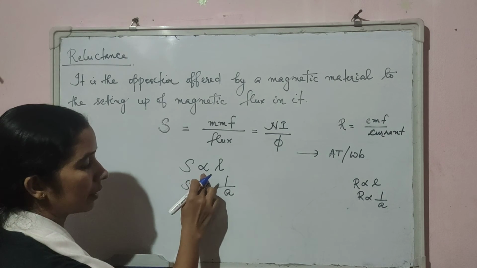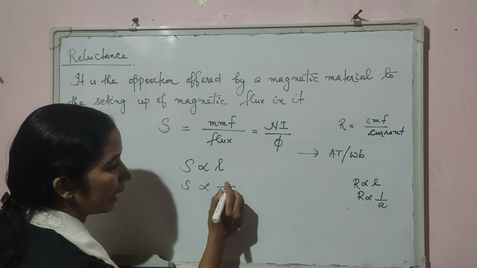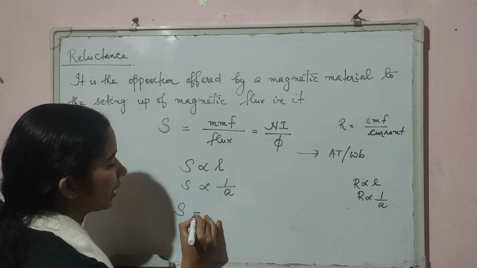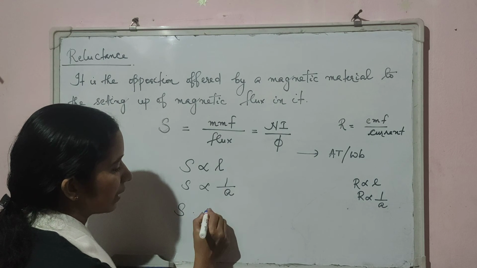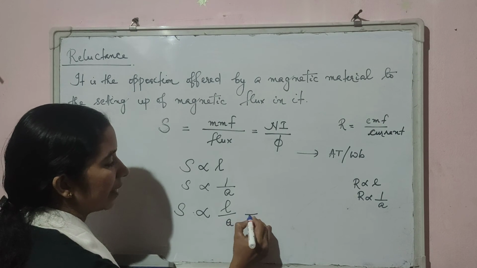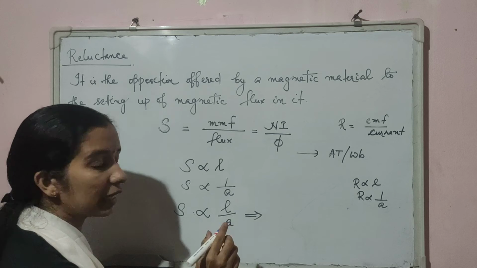So S is proportional to L, and S is proportional to 1 by A. So we can write S is proportional to L divided by A, and this proportionality can be replaced by a constant 1 by mu.